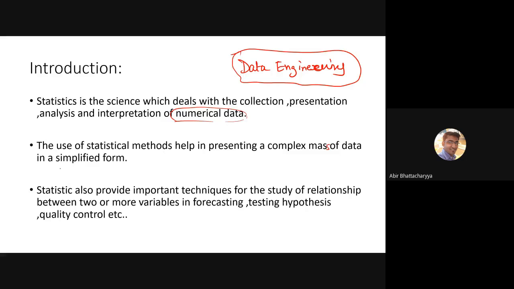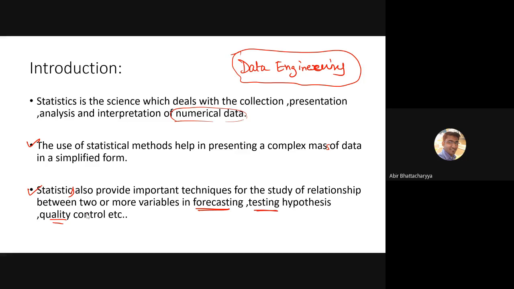Now, the use of statistical methods helps in presenting complex mass, as I told you. Next, statistics also provides important techniques for the study of relationships between two or more variables, in forecasting, testing of hypothesis, quality control, etc. This is a very basic level of statistics.